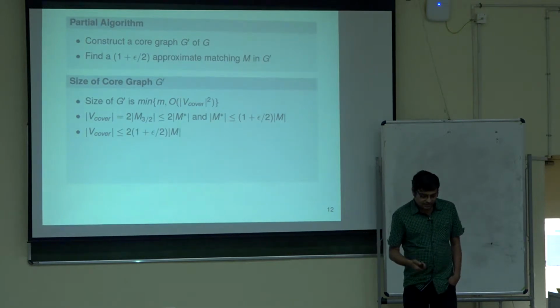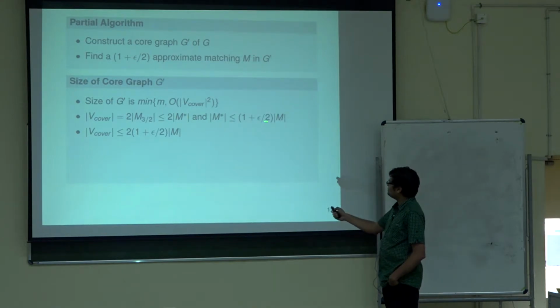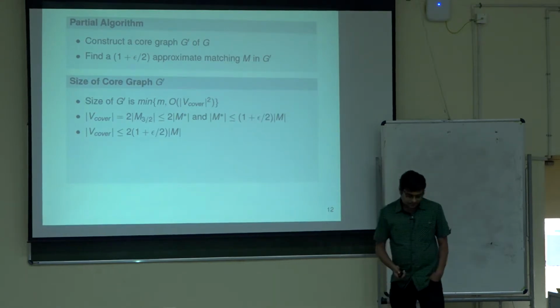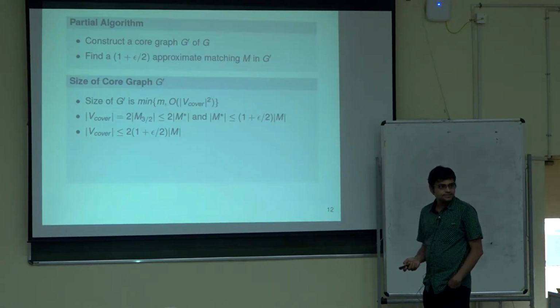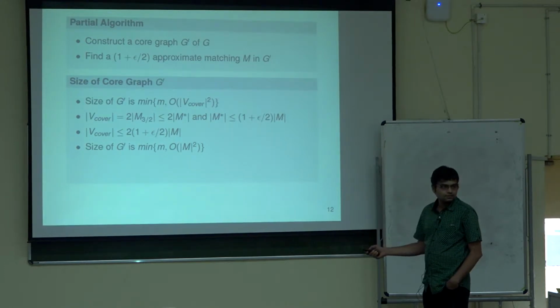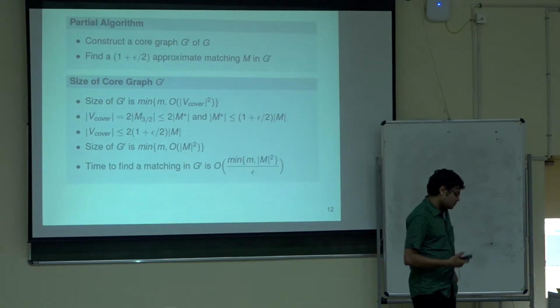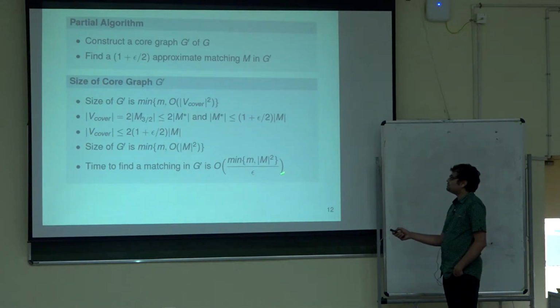This will imply that the size of the vertex cover is less than or equal to some constant times the size of M, which means the size of my core graph, which was the minimum of m and V_cover squared, is now the minimum of m and order M squared. Which means to find the matching in this core graph G', I will take this much time. So now I've gotten rid of the vertex cover and now I have this term M sitting there.